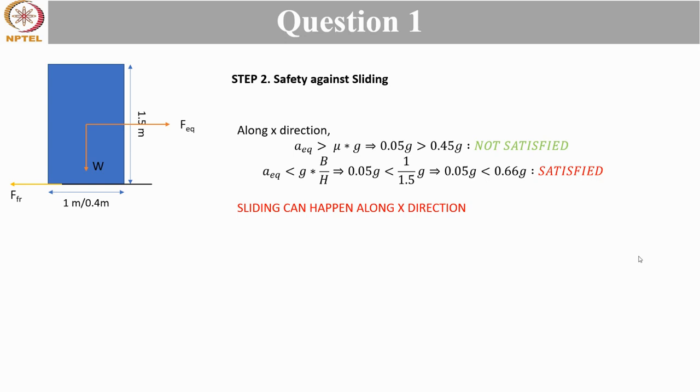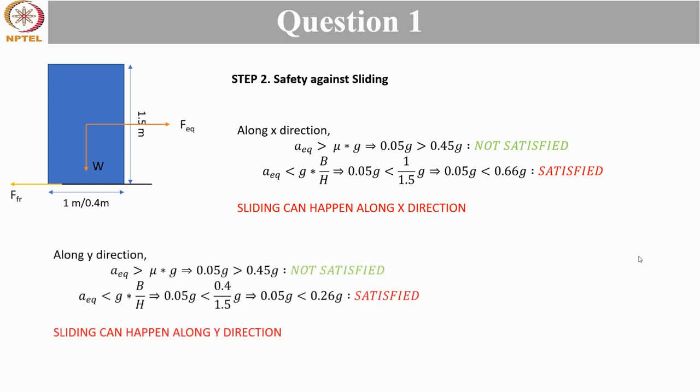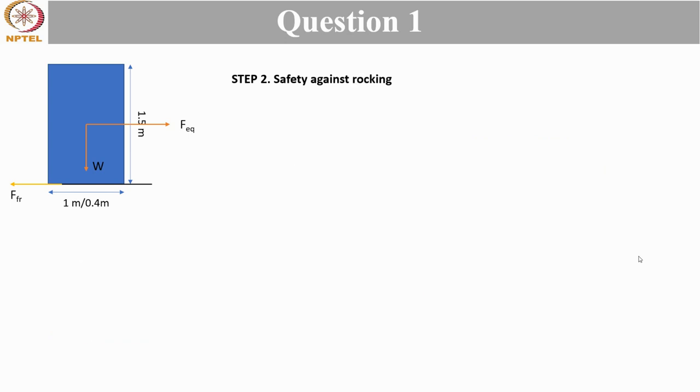Since one condition is satisfied and one is not satisfied, we can say sliding can happen along x direction. And similarly, along y direction, one condition is satisfied and the second is not satisfied. So again, sliding can happen along y direction. We are not sure whether it will happen or not, but it can happen.